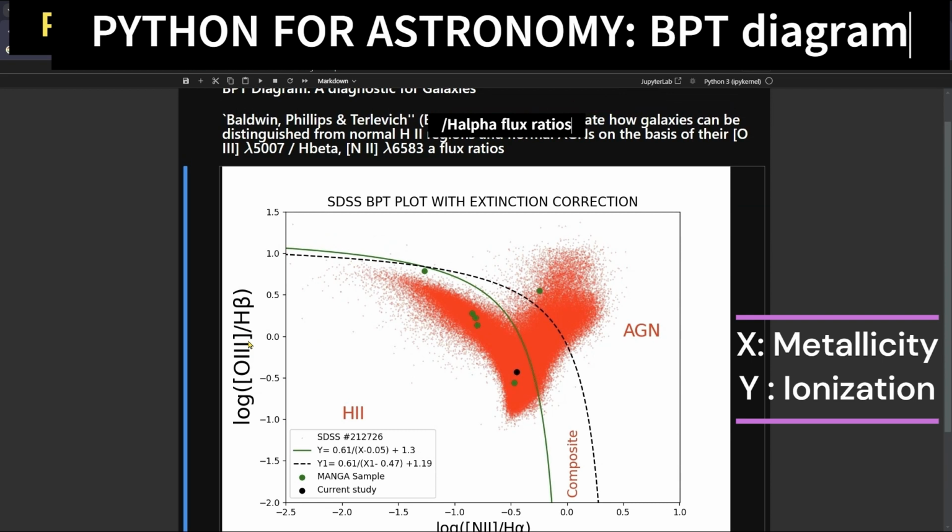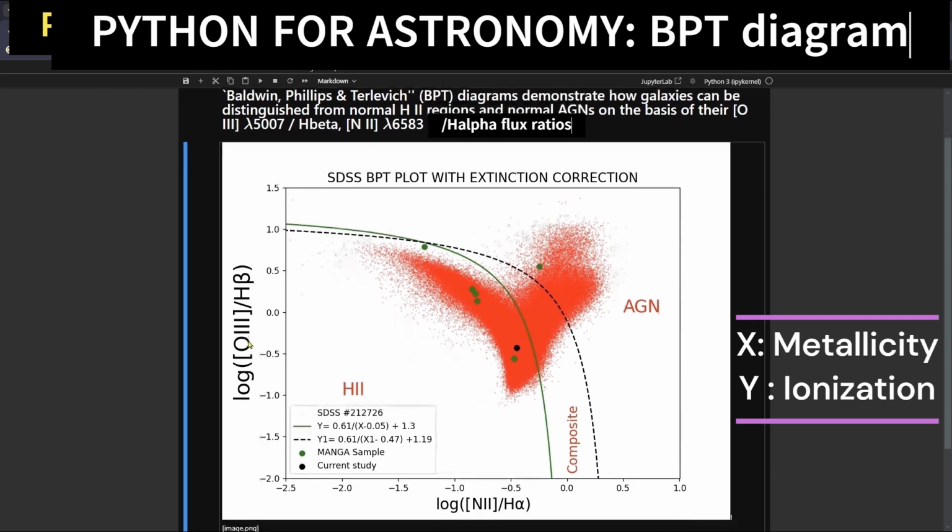So we'll use this ratio and we'll put some constraints to divide this region into two regions, AGN or composites. You can see here the green line and black dotted lines having some equations in terms of your x-axis and y-axis.